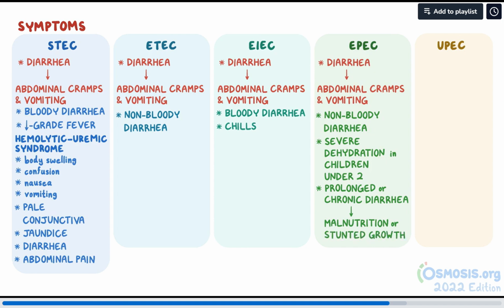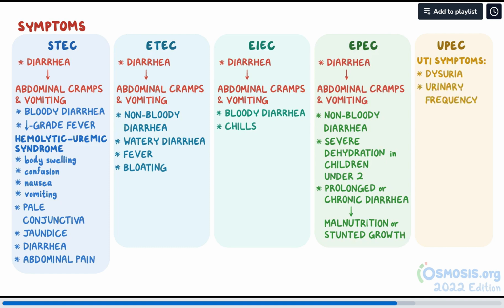ETEC causes large amounts of watery diarrhea, and there may also be fever and bloating. Finally, UPEC causes UTI symptoms like dysuria, which is pain during urination, urinary frequency, and if the kidney is affected, there may be flank pain.